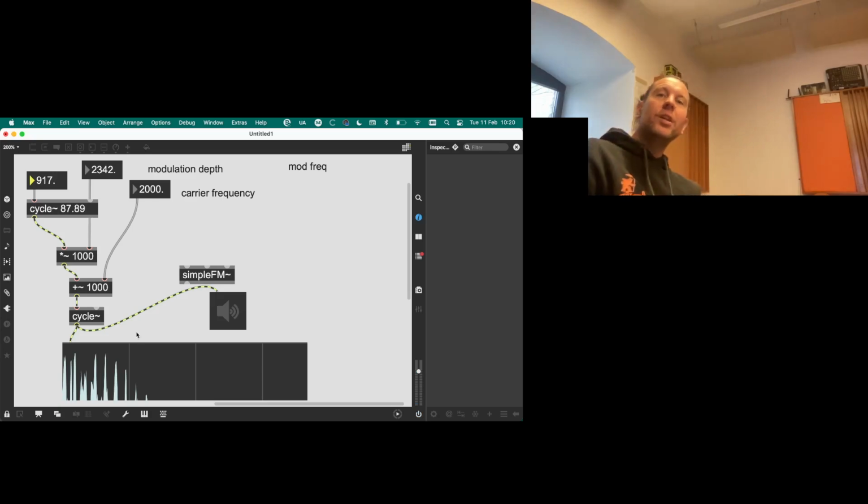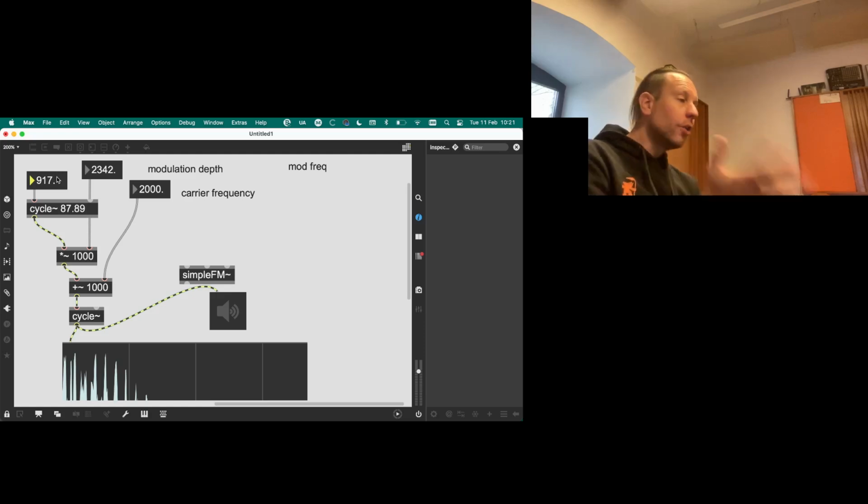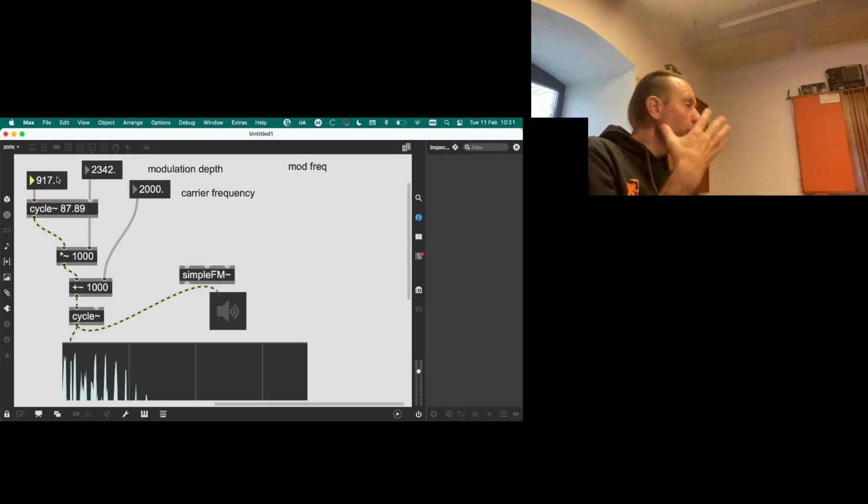So instead of these sidebands being 1000 hertz apart, which allow them to be bang on the harmonics, now they are 917 hertz apart, so none of them is on a harmonic. So you see, that's the point, that with an FM you can get a harmonic spectrum, but you can also get a dissonant spectrum like this.